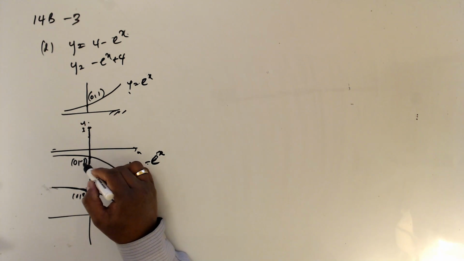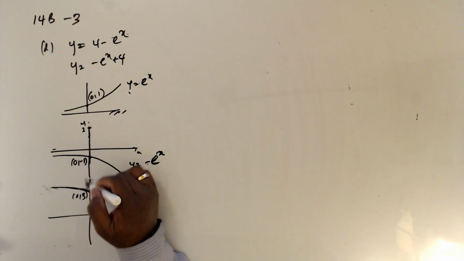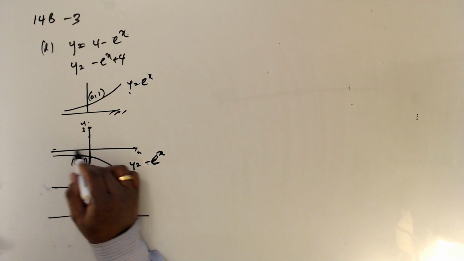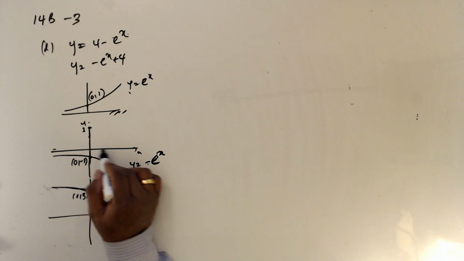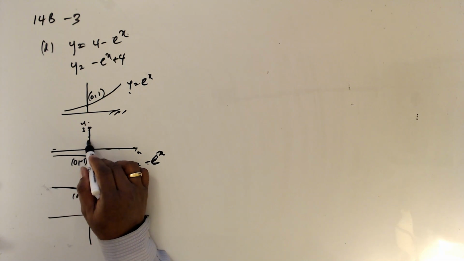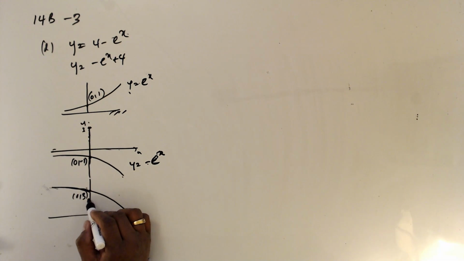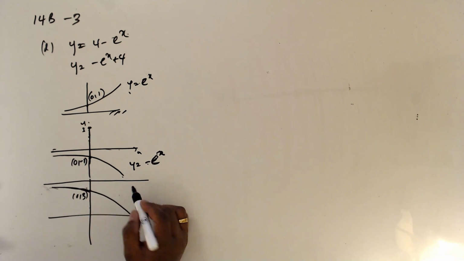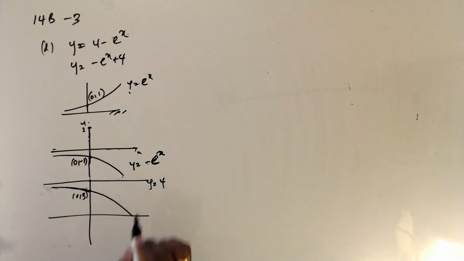We move this one, minus 1 to 3. This will become 3. We become this 0, horizontal asymptote at 4 units. Then 1, 2, 3, 4. Like this. So this is y equals 4.